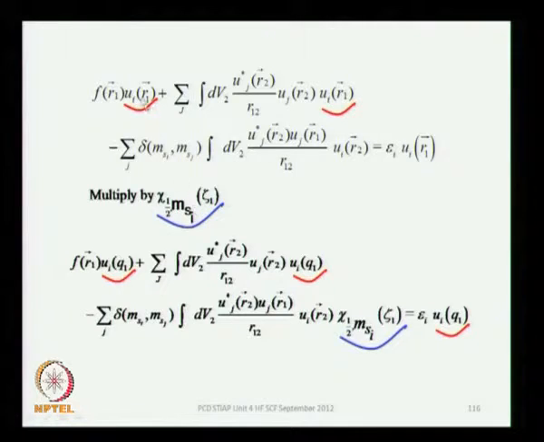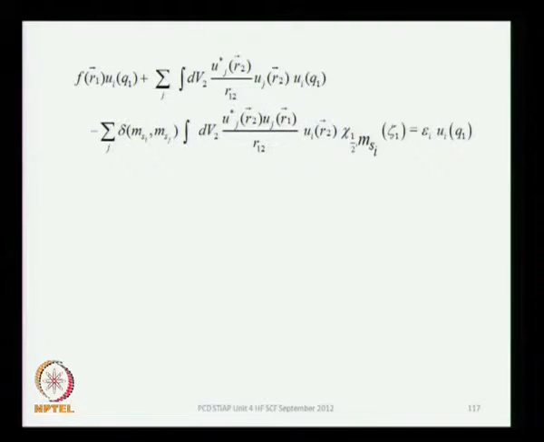So, by multiplying this by the spin function, you get u i q1 here, likewise from this u i r1 you get u i q1 here, and on the right hand side from this u i r1 you get u i q1 here, and here you have multiplied it by this spin function, which I have written as it is.